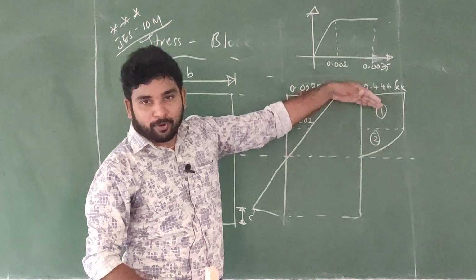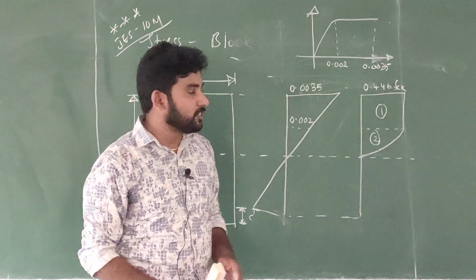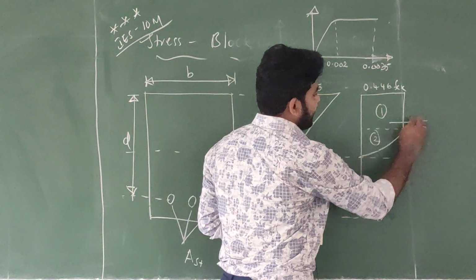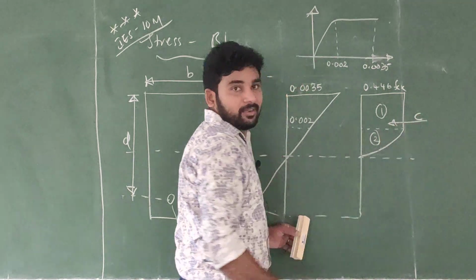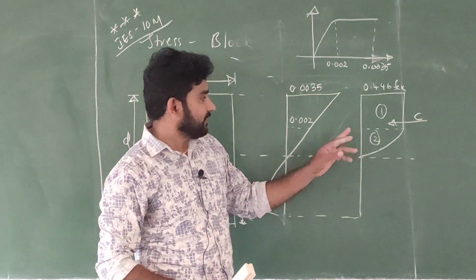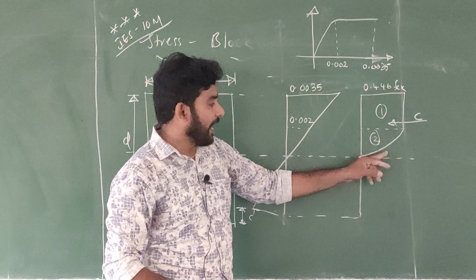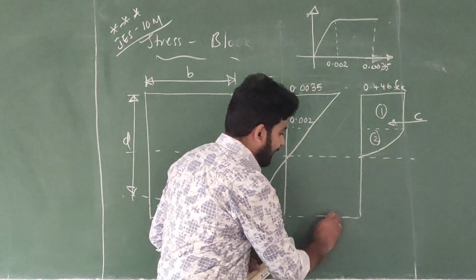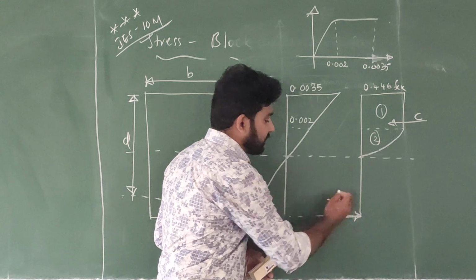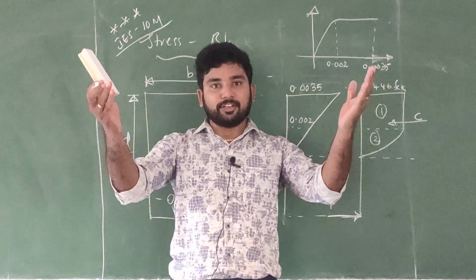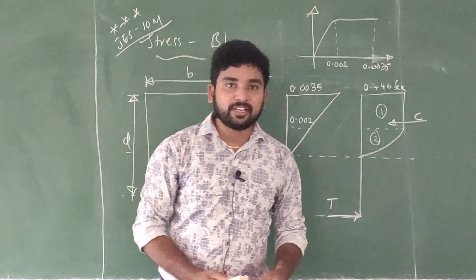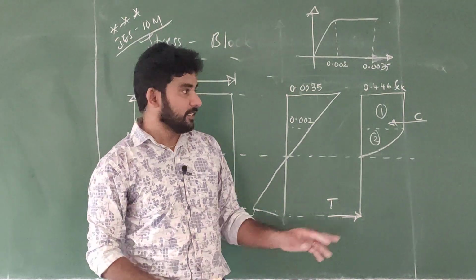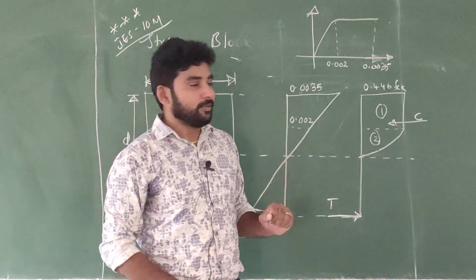Above the neutral axis, meaning the compression zone, which force is acting? Compressive force will act. Below the neutral axis, which force will act? Tensile force will act, because we already discussed that above the neutral axis compression will develop and below the neutral axis tension will develop.